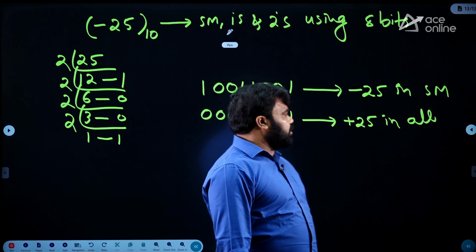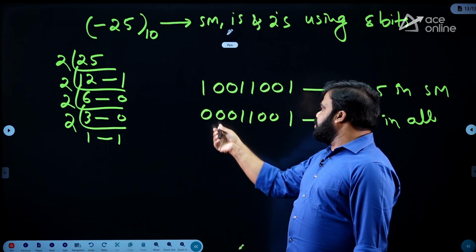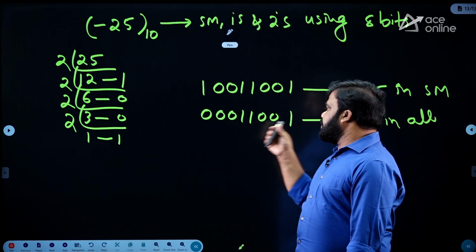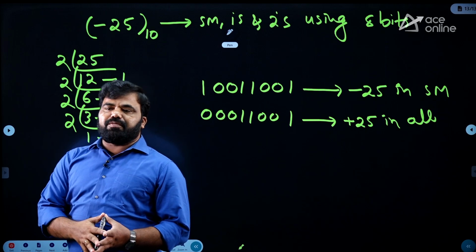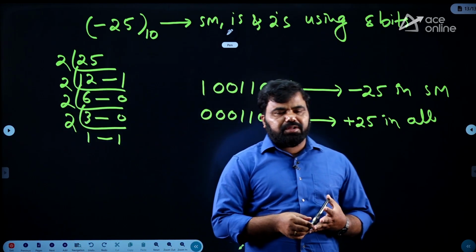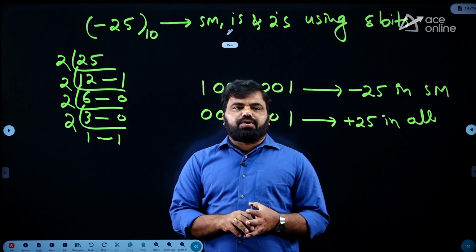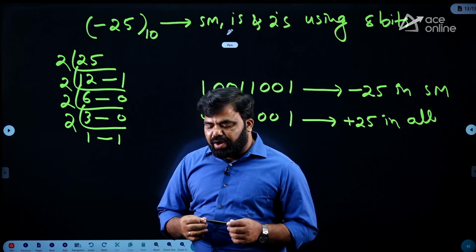Once again, making MSB 0, then magnitude bits using 7 bits, it results in plus 25, not only in signed magnitude but also in 1's complement and 2's complement. This we already observed. When comparing signed magnitude, 1's complement and 2's complement, there are similarities.